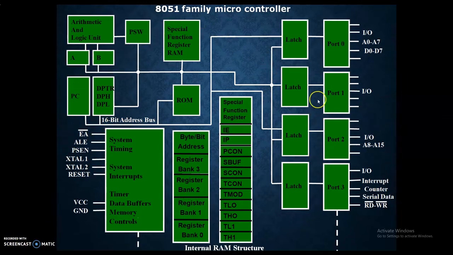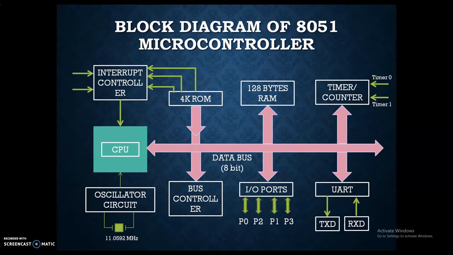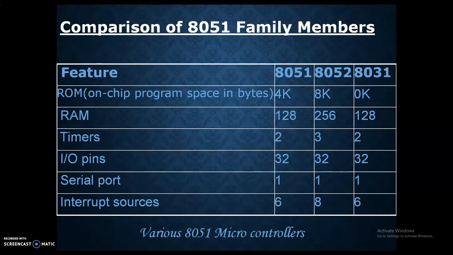Now this is the detailed part of the 8051 microcontroller. You can see the arithmetic and logical unit, that is the ALU, connected with the A and B registers. It is a somewhat complex diagram, but still you can use the previous diagram.